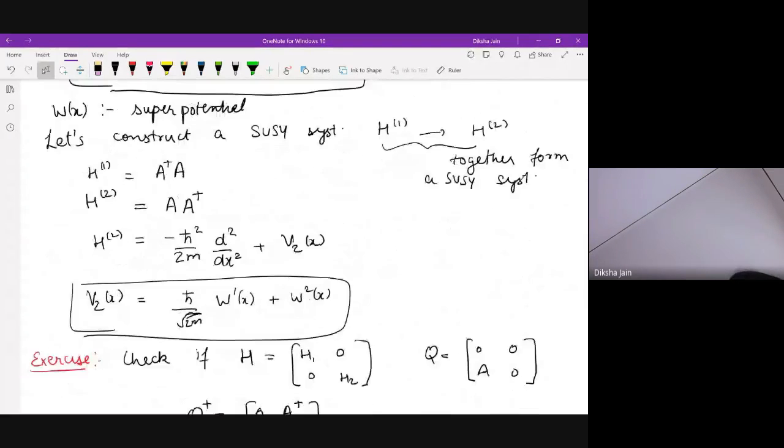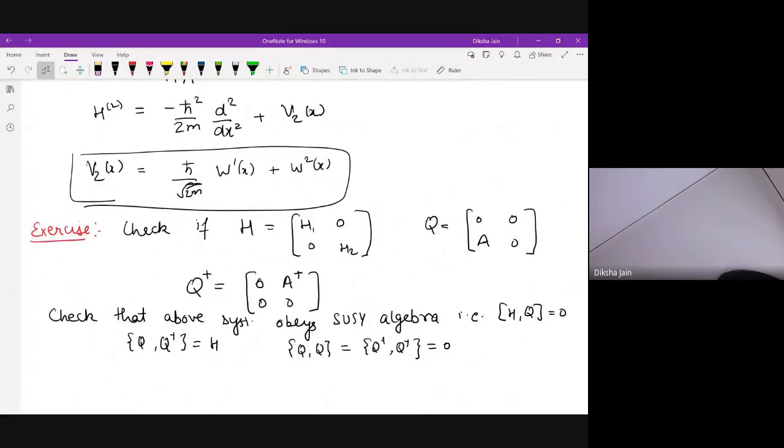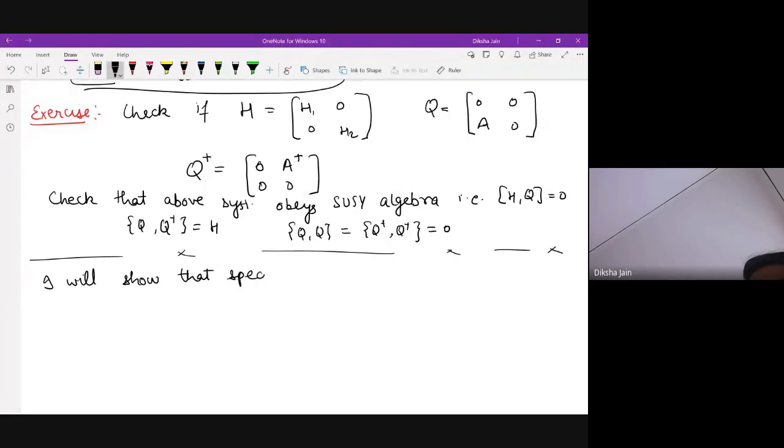Now the point is, what I will show is that the spectrum of both H1 and H2 is related. So what I will show now is that the spectra of H1 and H2 are related.